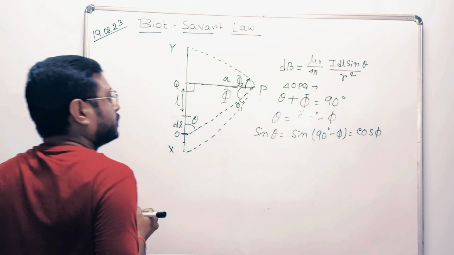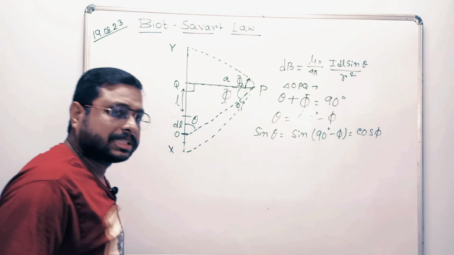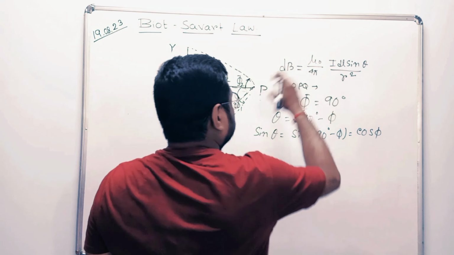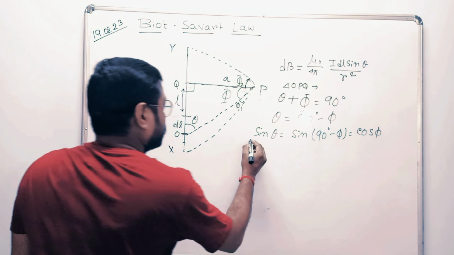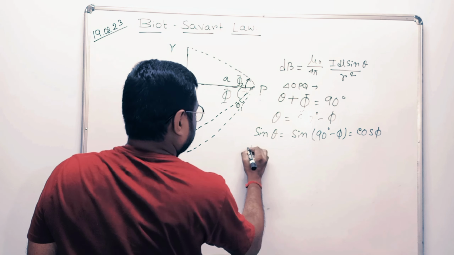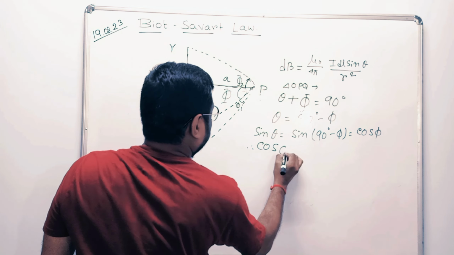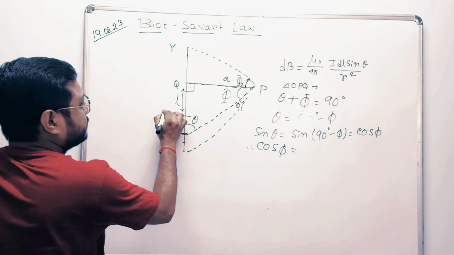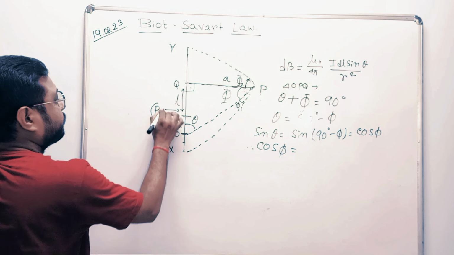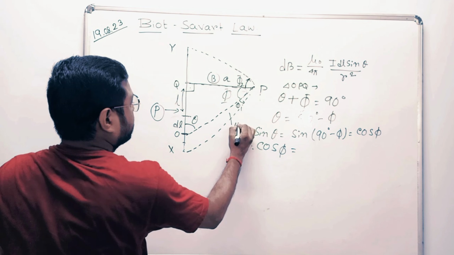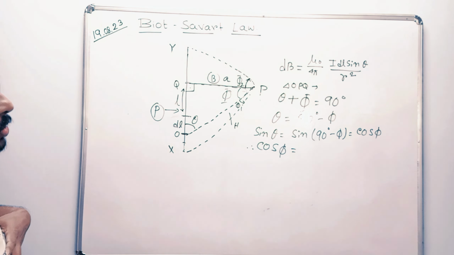But in this equation there is no such term as cos phi, so we have to replace cos phi in terms of L and r. From this right angle triangle OPQ, this is the perpendicular, this is the base, and this is the hypotenuse.